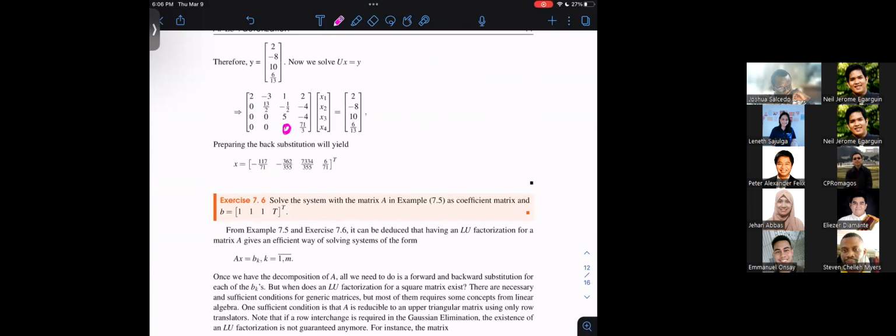So you get 71 over 3 times x4 equals 6 over 13. You solve for x4, you'll get this guy. And now I'm doubting this answer. So I have 71 over 3 times x4. That's equal to 6 over 13. So that means x4 must be equal to 6 over 13 times 3 over 71.